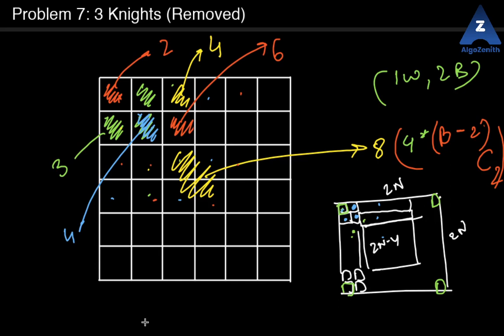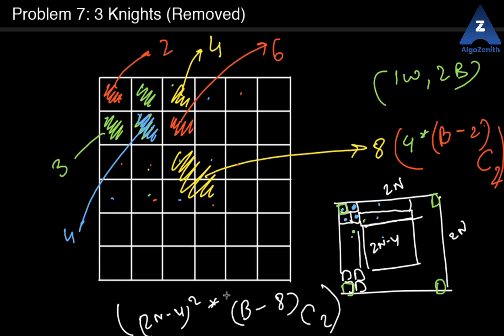So there are 2n minus 4 whole square number of board places where you have 8 black neighbors removed. So this would be multiplied with b minus 8 choose 2, right? So this is how you add for all the 6 different types of chessboard squares that can lead to answers. So there was this 2 1 3 1 4 1 6 1 8 1, right?